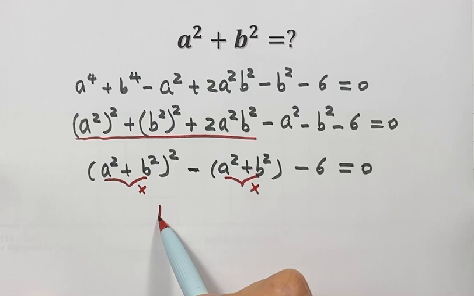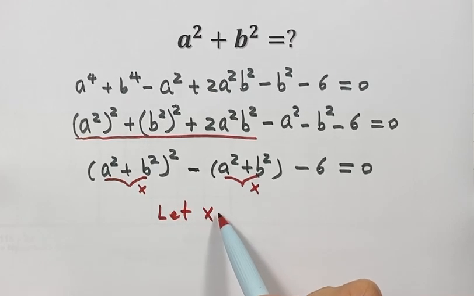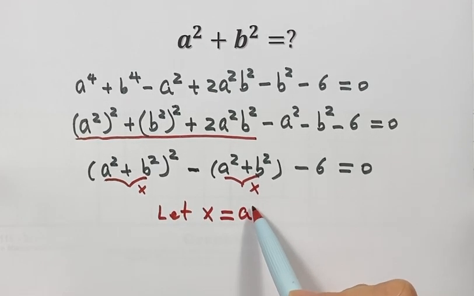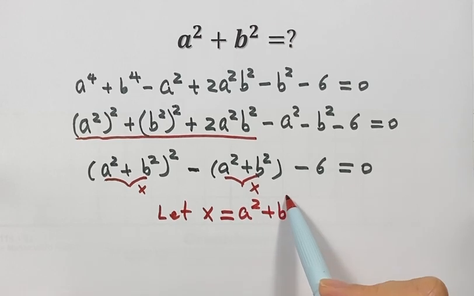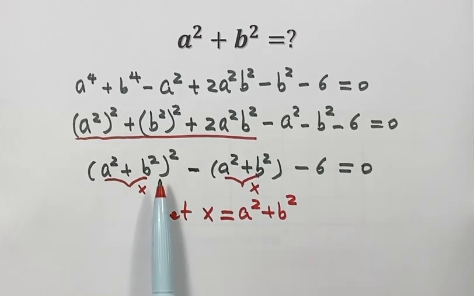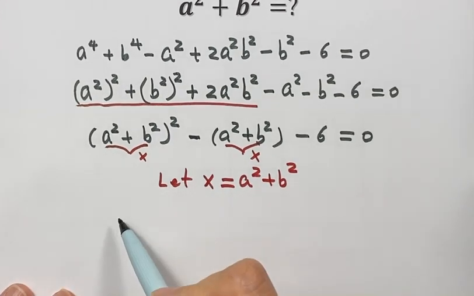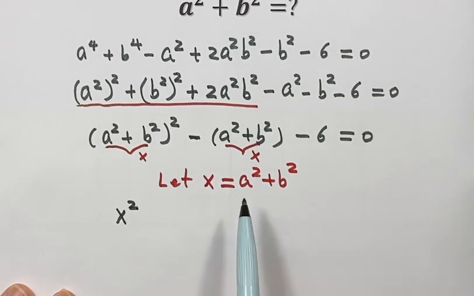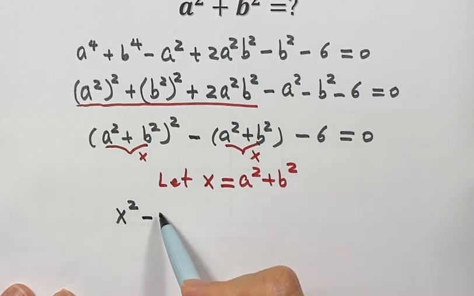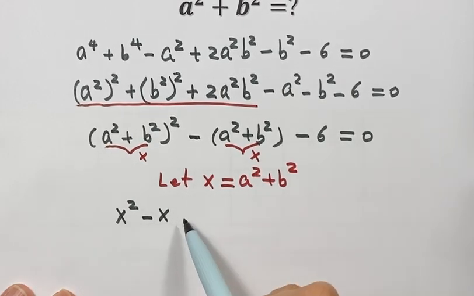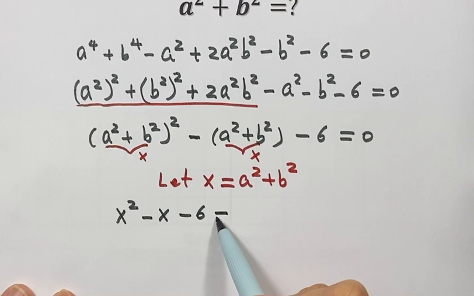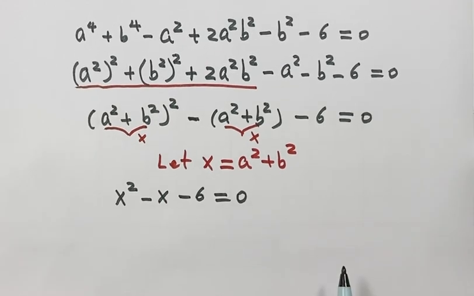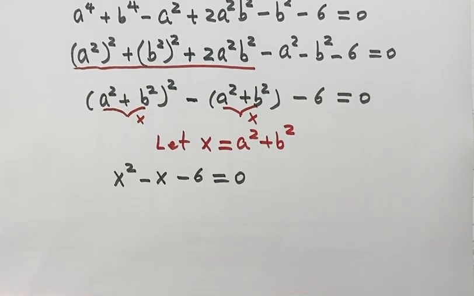So that's x equal a squared plus b squared. Then this one will be x squared. Then here we have x squared minus x minus 6 equal 0. So then this is a quadratic equation in x.